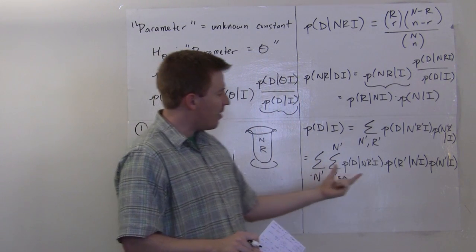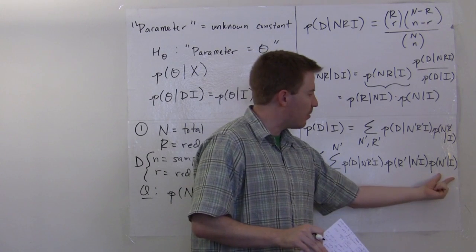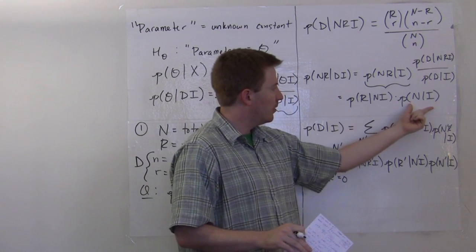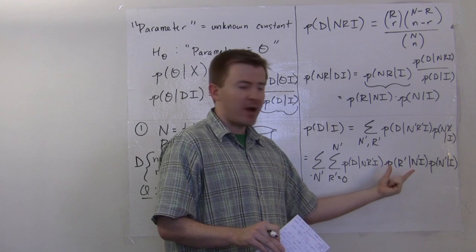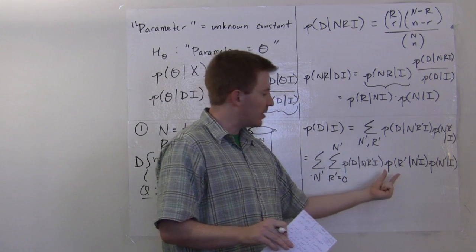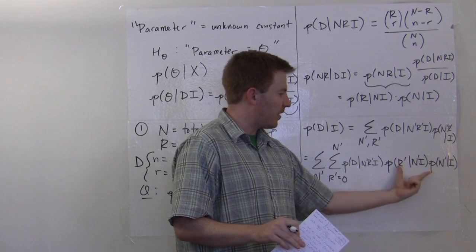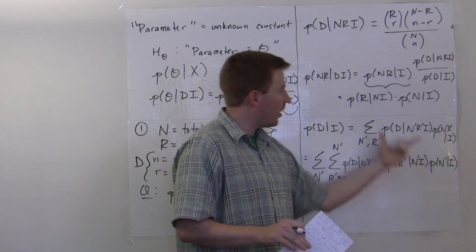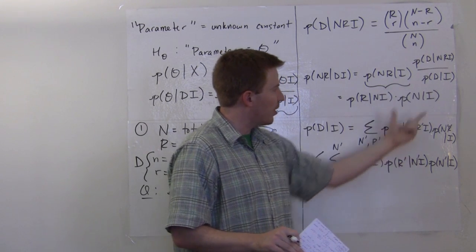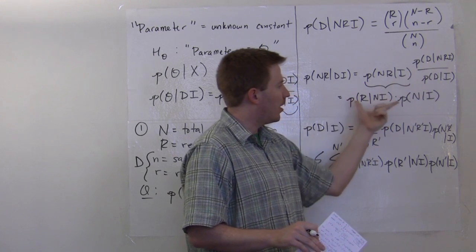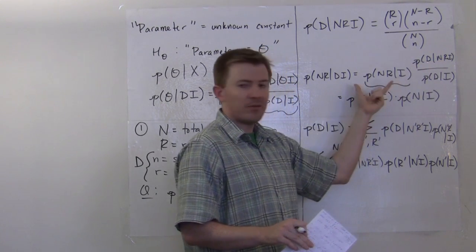If we have prior probability assignments for n, and a prior conditional probability assignment for r given any value of n, then we'll have all the ingredients we need to build up this term and the numerator term in the first term here.